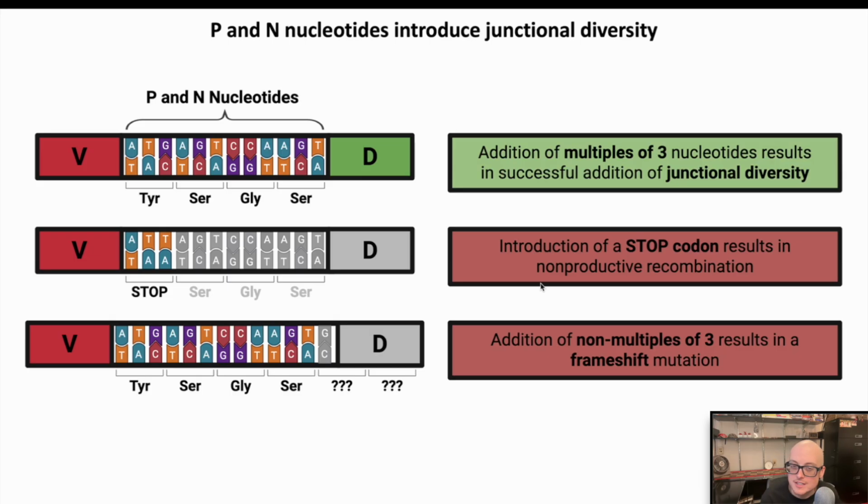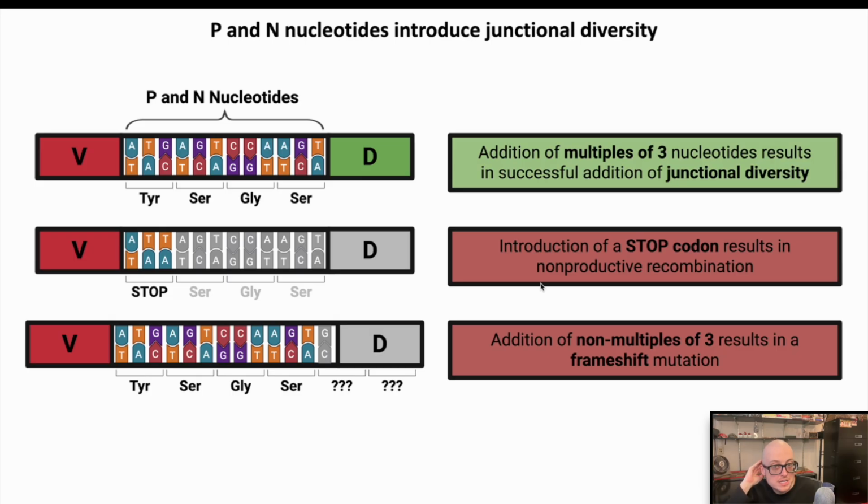About 33% of recombination events are successful. That is because in order to generate a functional protein, you need to add a number of nucleotides that will introduce new codons without inducing deleterious mutations into the sequences downstream.